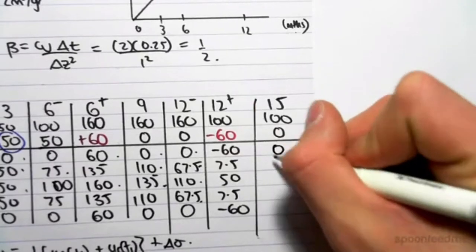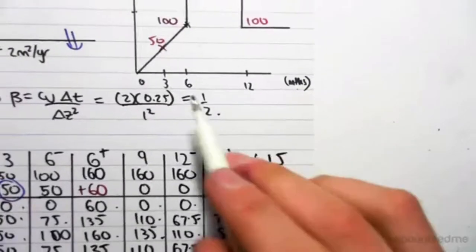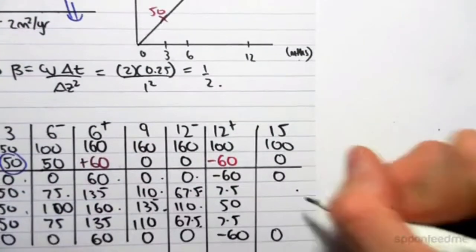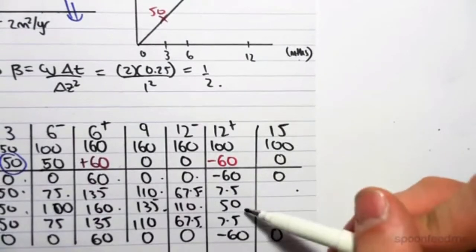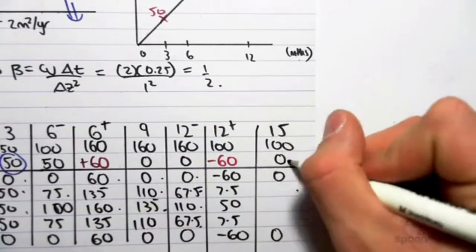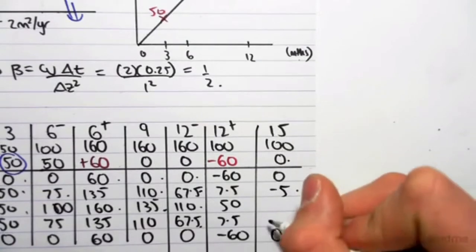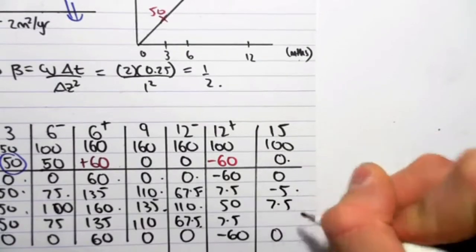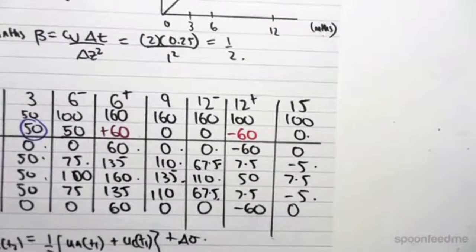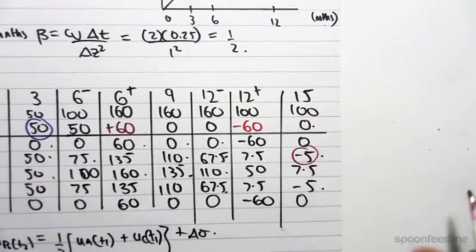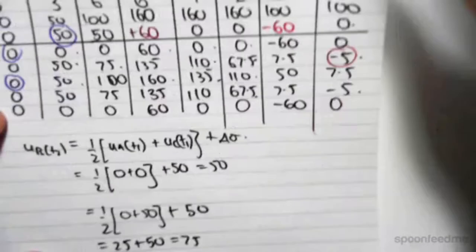Now we get to 15, this becomes 0 and 0 again because of the boundary conditions, and we can work out that value, which would be minus 60 plus 50 divided by 2 plus 0, which would be minus 5. This would be 7.5, and this would be minus 5. Once again, if I would just show you how to work out that value, hopefully you guys will understand by now.